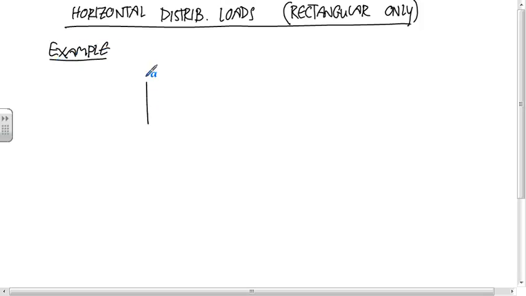Okay, say that you have a cantilever beam coming out of the wall. Why do I keep doing these cantilevers with the connection at the right side? Yeah, because then we can do the cuts without calculating the external loads. So let's say that we have a beam, it's 2 meters long.